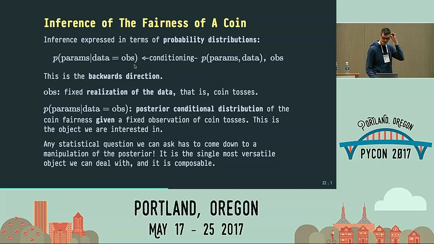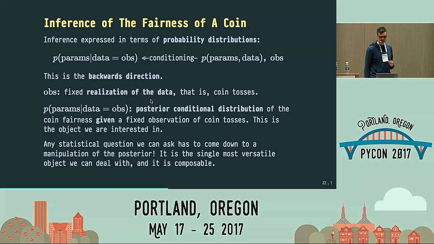The process by which you do this is called conditioning. For a fixed realization of data, so for fixed observations, we want to come up with a so-called posterior conditional distribution. This is this thing here, of the coin fairness, that describes the possible values of the coin fairness and their likelihood, given the fixed observation of the coin tosses. And this is the thing we're interested in, this is the thing we need.